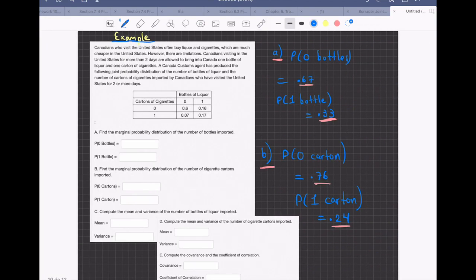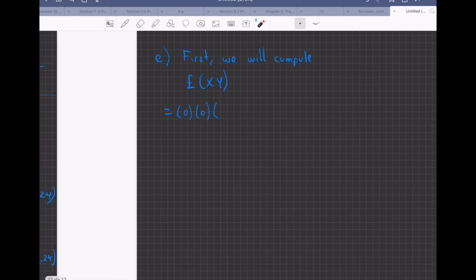How am I computing this? I have to consider all the cases. 0 for cartons, 0 for bottles. The joint probability is 0.6.